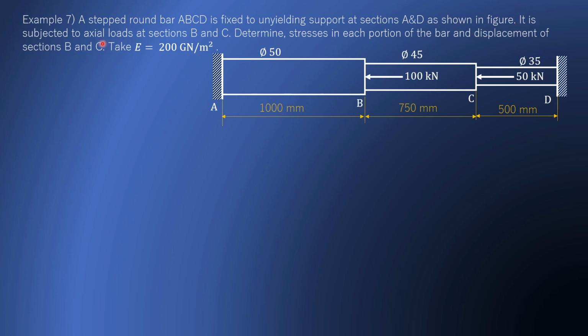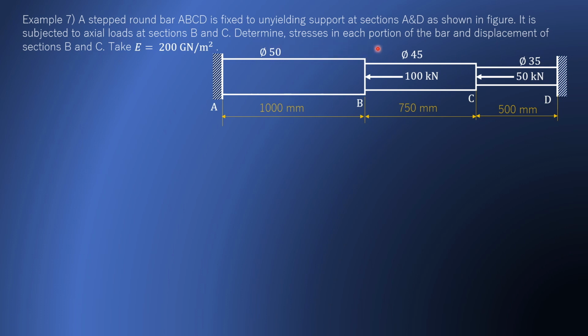Okay. It is subjected to axial loads at sections B and C. So this is section B, that is junction of these two parts. And at this junction, there is 50 kilonewton force. Okay. Determine stresses in each portion. So stress in portion 1, stress in portion 2 and stress in portion 3 we want to find out.